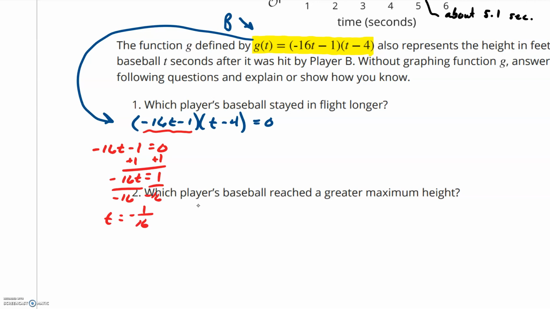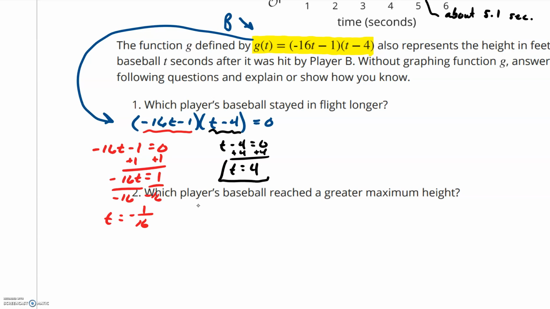Now, we know that that doesn't make any sense, right? That's one of those extraneous solutions because we don't consider negative time. So now we need to look at the other part here. We have t minus 4. We can set that equal to 0 and solve this by adding 4 to both sides. And I get t is equal to 4.